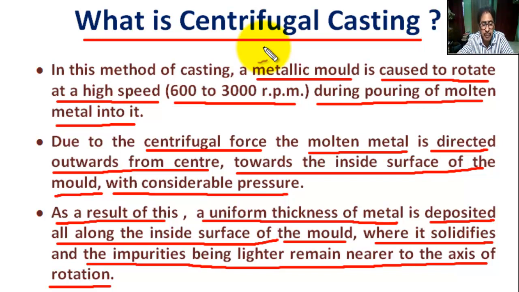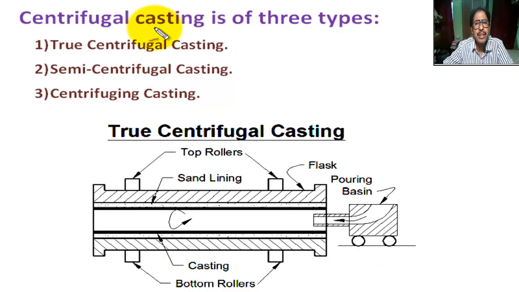When the mold is revolving, the casting produced under this centrifugal force is called centrifugal casting.